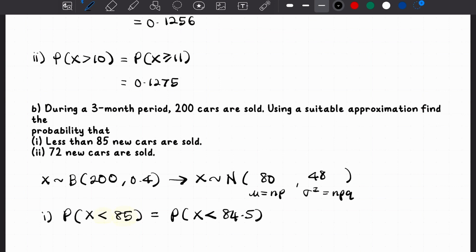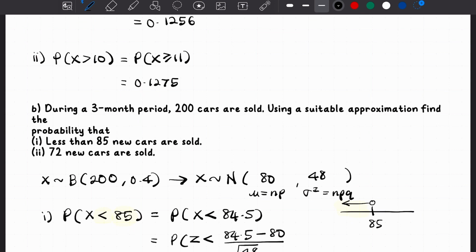You also can do it by drawing a number line. We have 85, so it is X is less than 85. We don't want to include 85, so we need to take the value before 85. So 85 minus 0.5, which is 84.5. Now we're done with the continuity correction. Now let us standardize. Probability of Z less than 84.5 minus 80 divided by square root of 48.